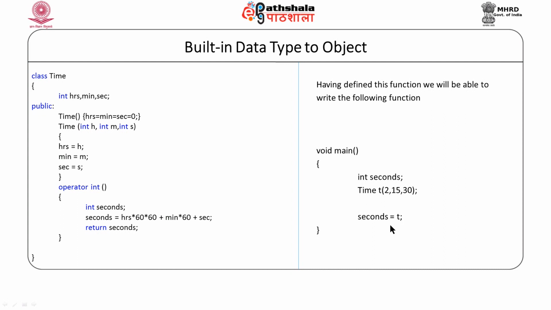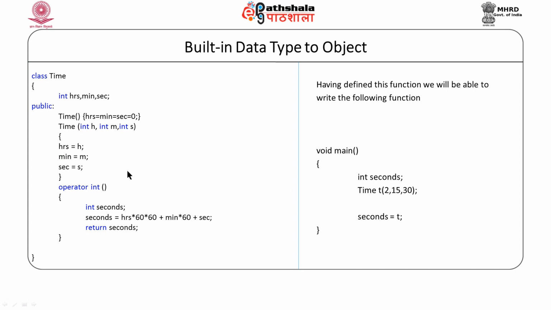The moment we say seconds is equal to t, if the appropriate operator function is defined, the compiler would know how this time object is to be converted. Here this time object has values of 2 hours, 15 minutes and 30 seconds. They will be converted into seconds like this, and this operator function will return seconds, which is an integer value, and that returned integer value will be assigned to the variable seconds.